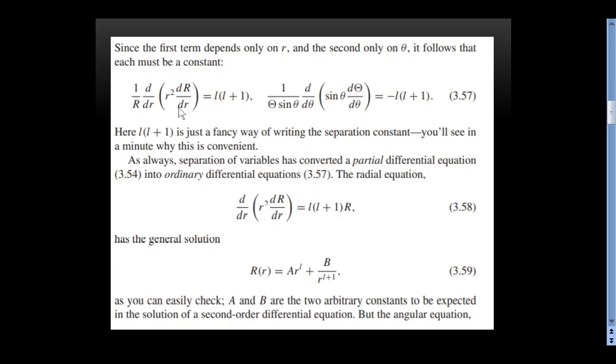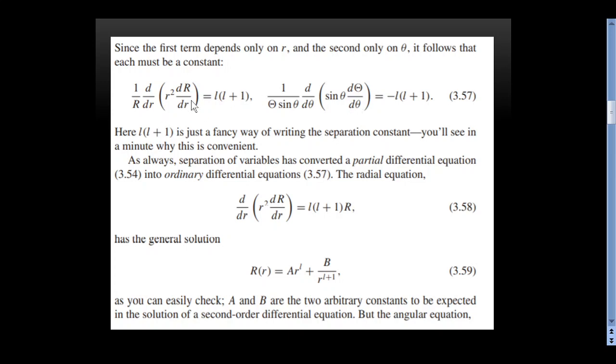Now, ordinary differential equations are a lot easier to solve compared to partial differential equations. So we have utilized the method of separation of variables. Now, the first term, which is dependent upon small r, is related with the distance. So this equation is known as the radial equation. The second is depending upon theta, that is angular position, so this equation is known as the angular equation.